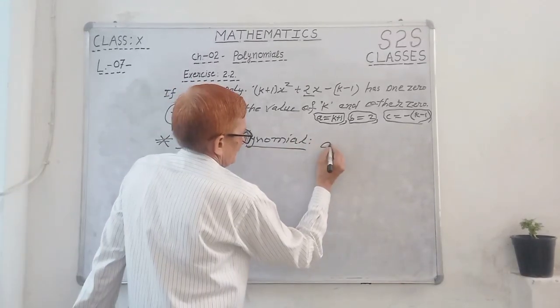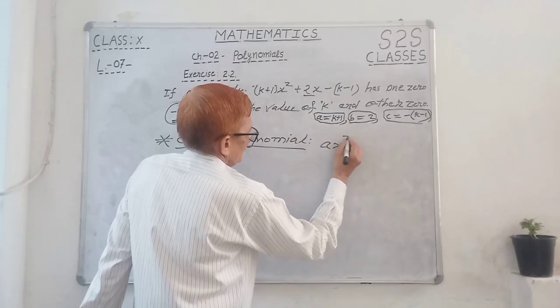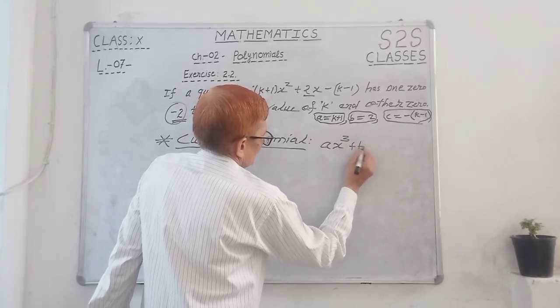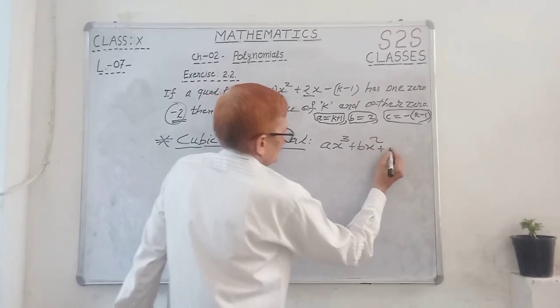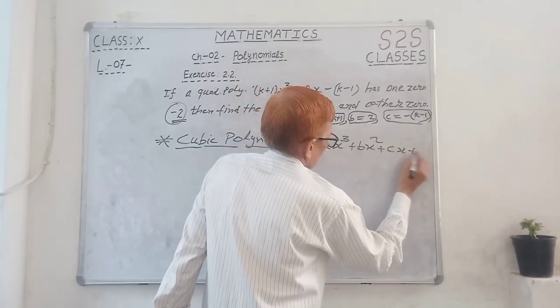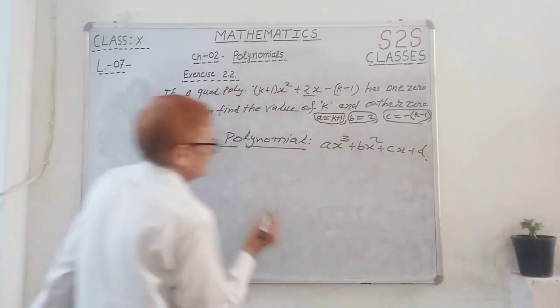This is 3 degree, the standard form is ax cube plus bx square plus cx plus d. This is the standard form.